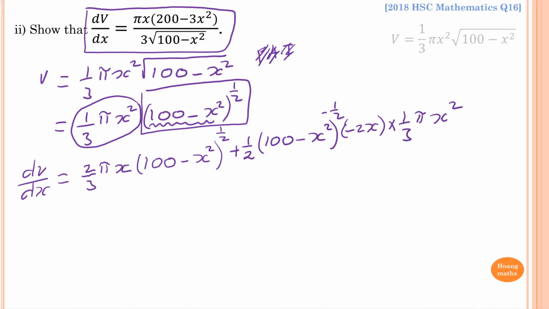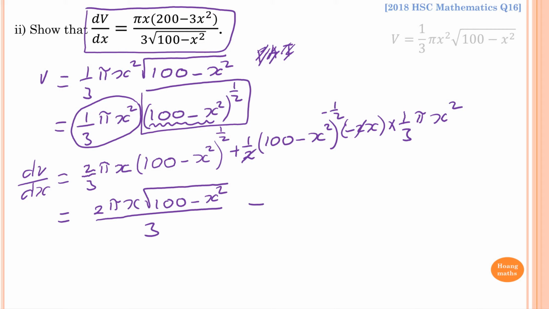So now I just tidy this up. This is equal to 2 pi x times the square root of 100 minus x squared, all over 3. And for this one here, the negative 2 and 2 cancel out, so it gives me a negative number.